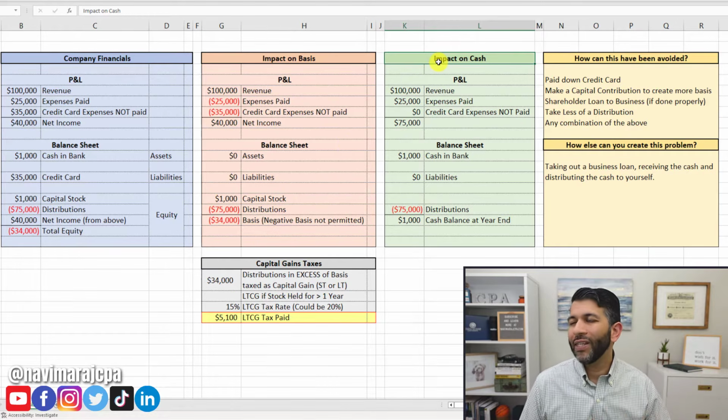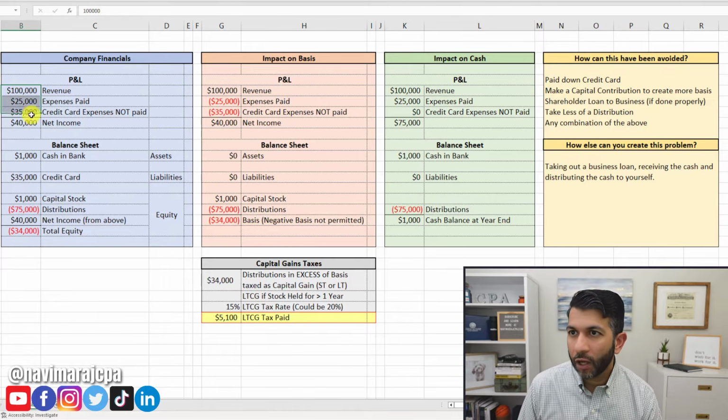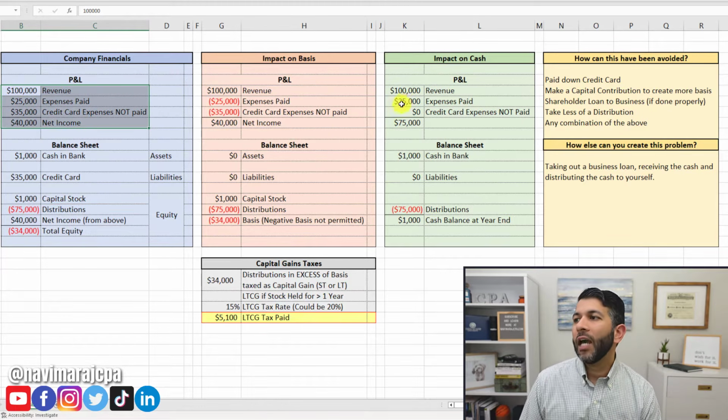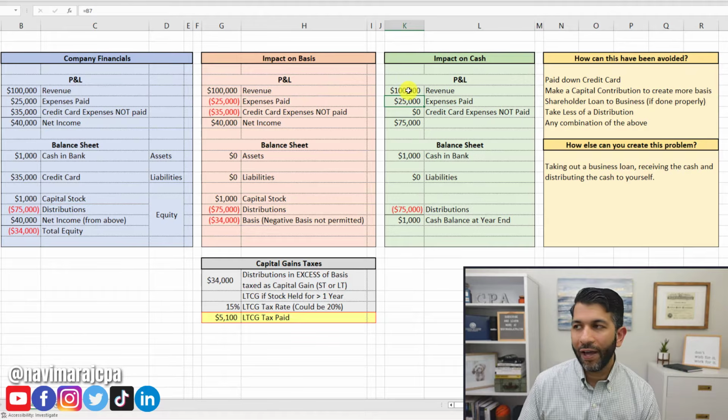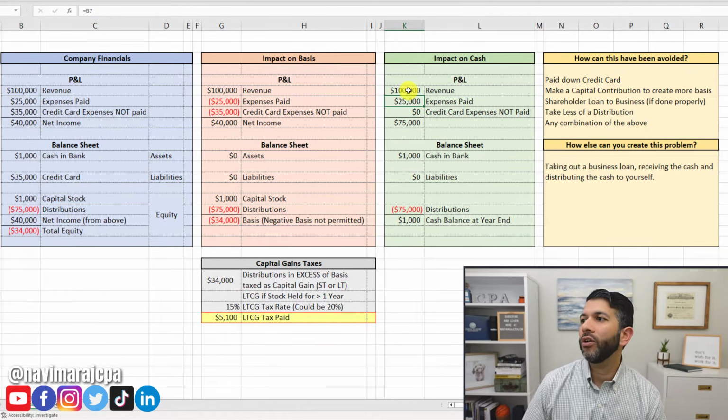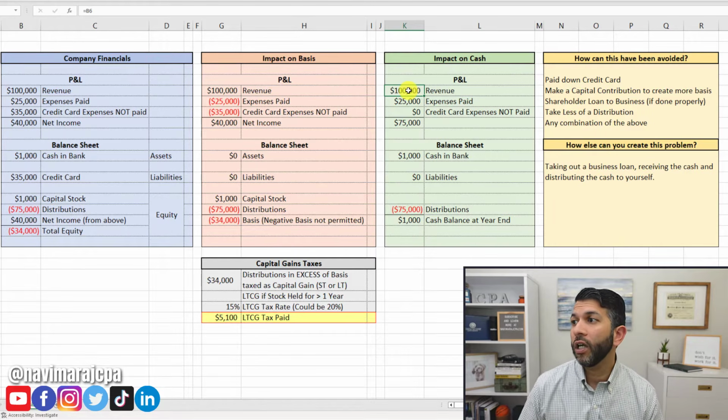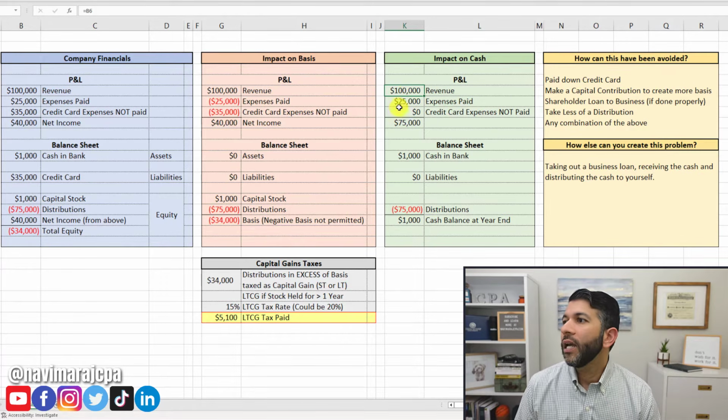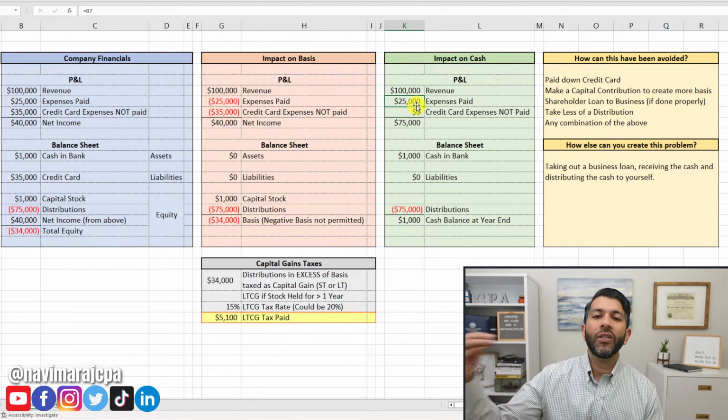Let's look at what's happening here in cash. If your business operates this way, what's happening to the cash amount? Let's assume that when you sold $100,000 worth of services or product, you got $100,000. So you had $100,000 of cash if all this happened on one day. Then you had $25,000 in expenses that you actually did pay.